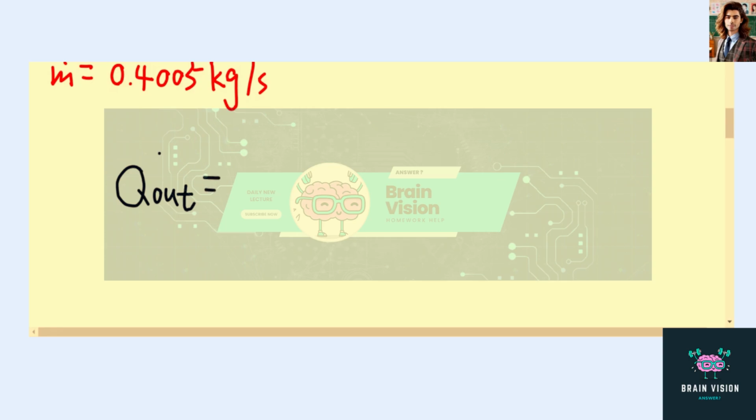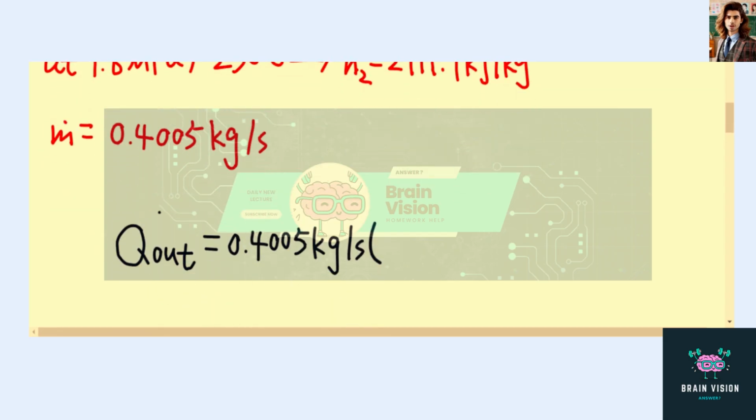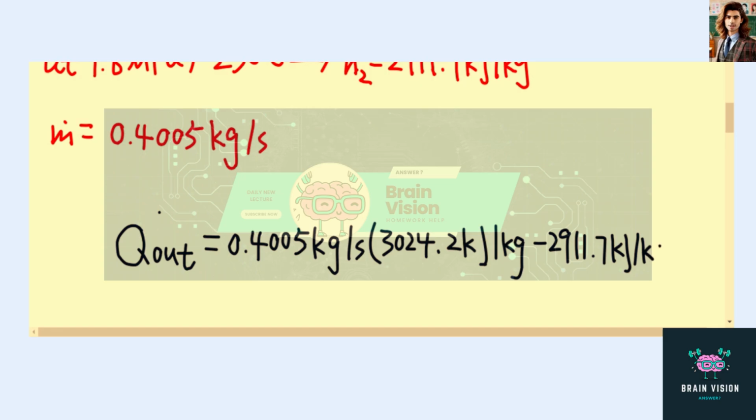is equal to 0.4005 kilogram per second, and then multiply by 3024.2 kilojoules per kilogram minus 2911.7 kilojoules per kilogram.